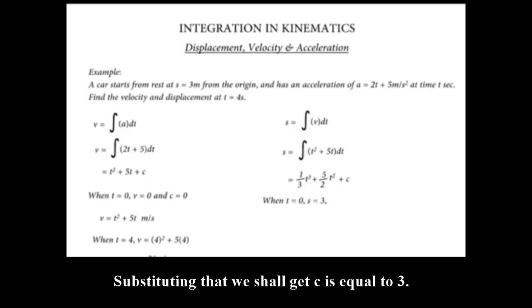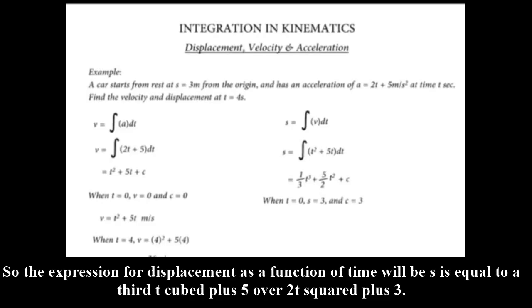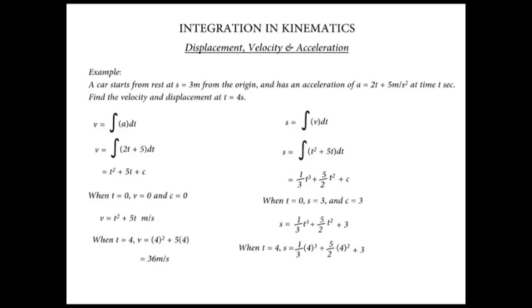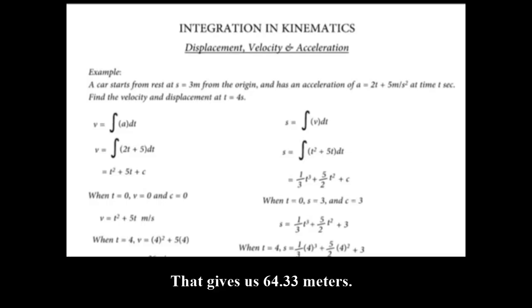Substituting that, we shall get c is equal to 3. So the expression for displacement as a function of time will be s is equal to a third t cubed plus 5 over 2 t squared plus 3. Therefore at t is equal to 4, s will be equal to a third times 4 raised to power 3 plus 5 over 2 times 4 squared plus 3. That gives us 64.33 meters.